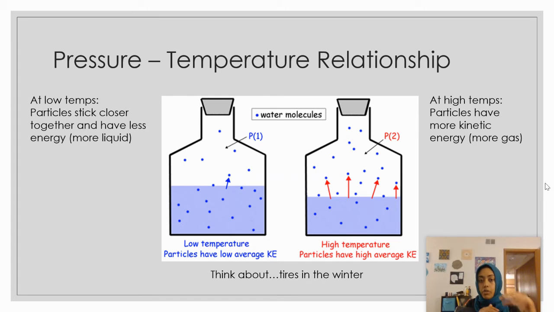So at lower temperatures, particles tend to stick closer together and they have less energy, so they're in a more stable state, they're more liquid. When things are a lot hotter, all these particles have a lot of kinetic energy. They're in gas, they're flying around, they're all over the place. So think about that as we talk about pressure and temperature, because when it's cold outside, the air pressure will be maybe lower.